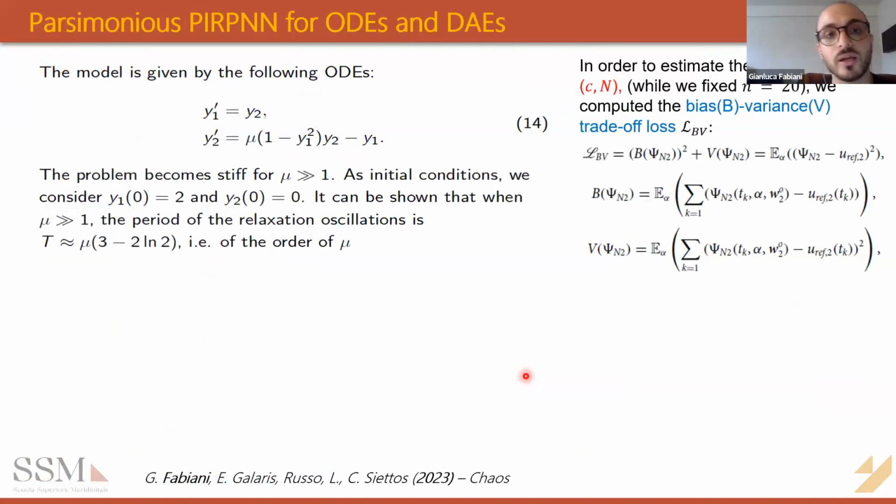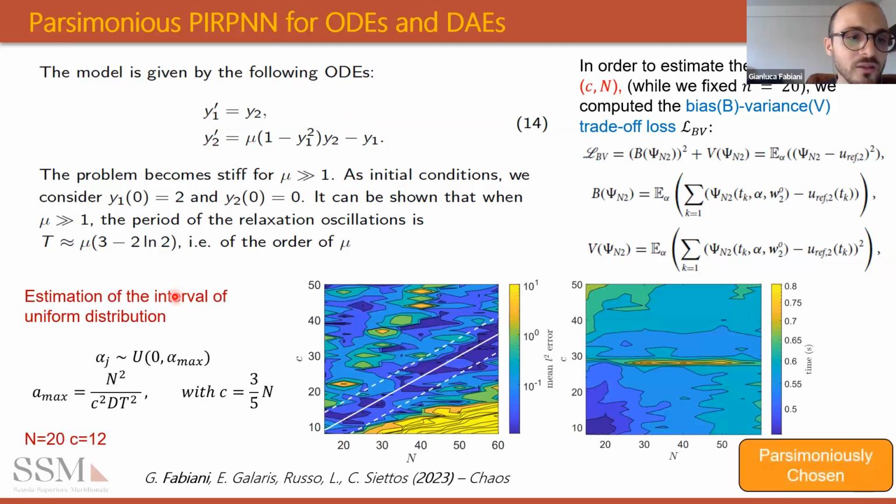Then we used the van der Pol problem that is here with these two equations, where mu is the stiffness parameter, to parsimoniously choose the bounds of the uniform distribution of the shape parameter. In particular, the shape parameter is usually drawn from a uniform distribution between 0 and alpha max, and we want to optimize alpha max.